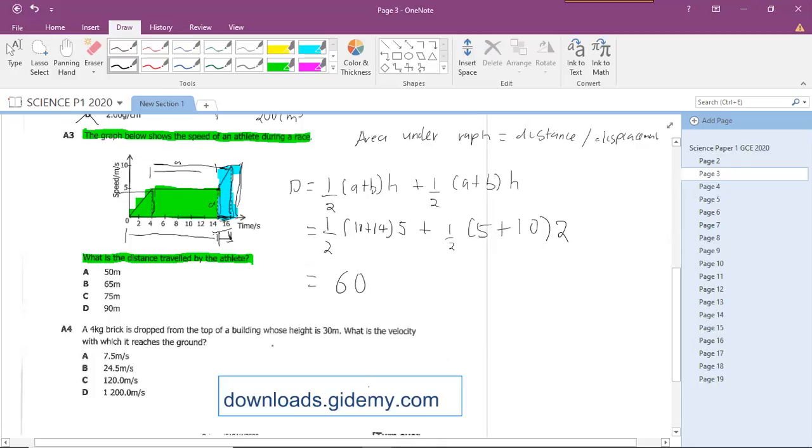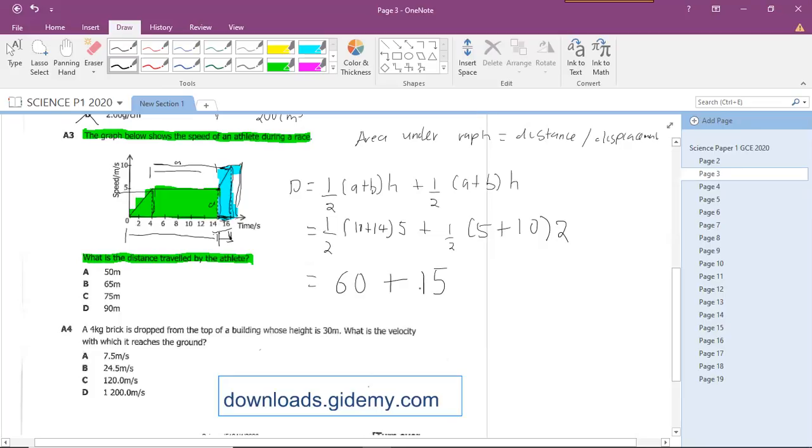Then you add it with 5 plus 10, you multiply it by 2, you get 30, then you divide it by 2 because you're halving it, you're going to get 15. That's 16. What are you getting?